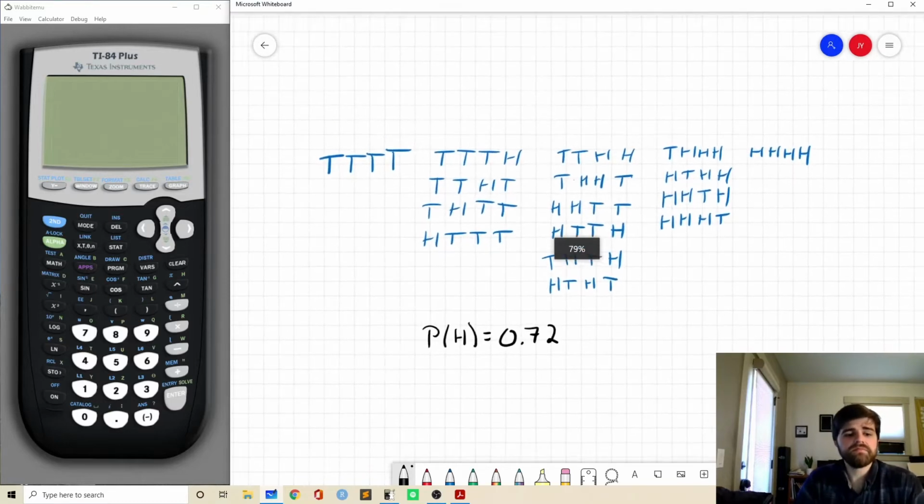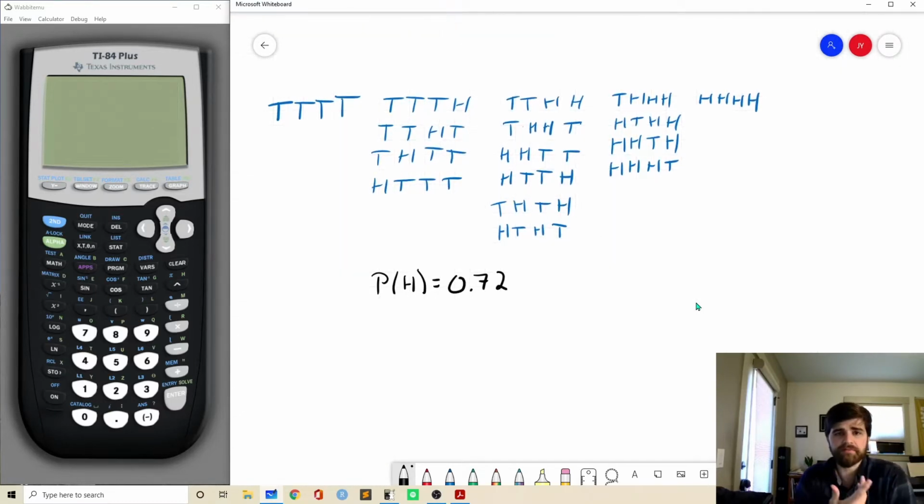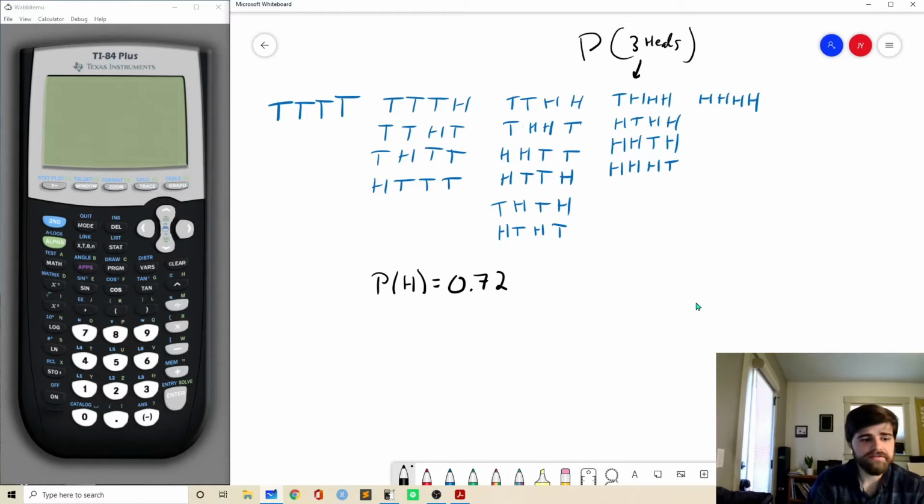Instead, we need to think about this probability a little bit harder. So let's say I want to know what's the probability of getting 3 heads. I don't like the way I'm writing this out, so I'm going to fix this with some notation. I'm going to use a random variable.